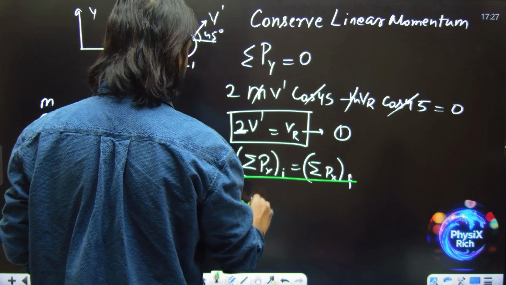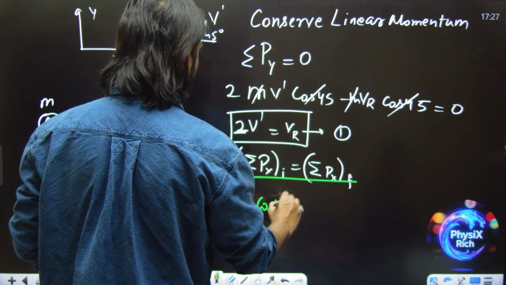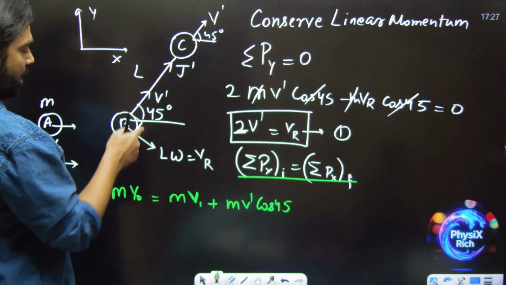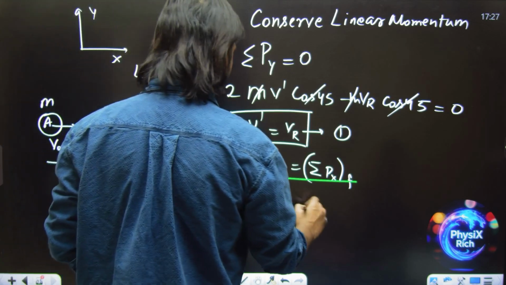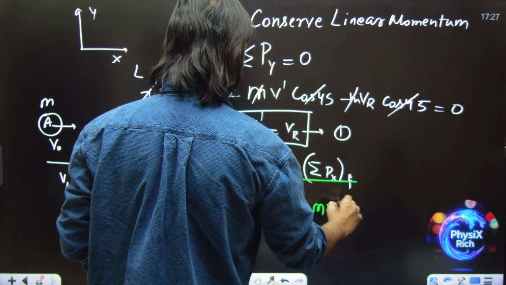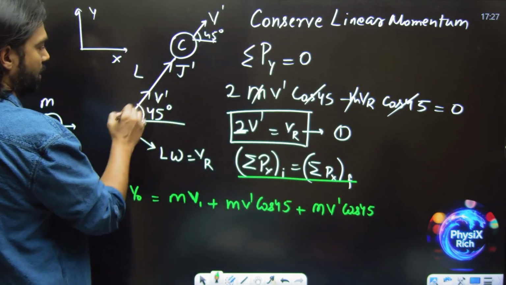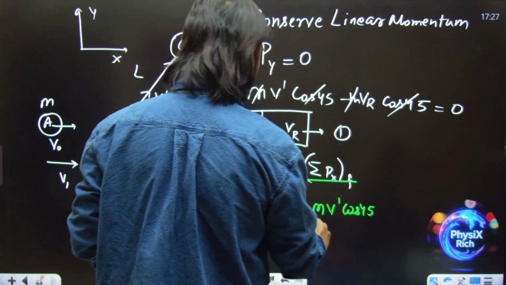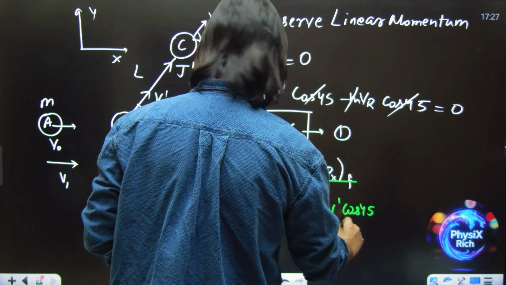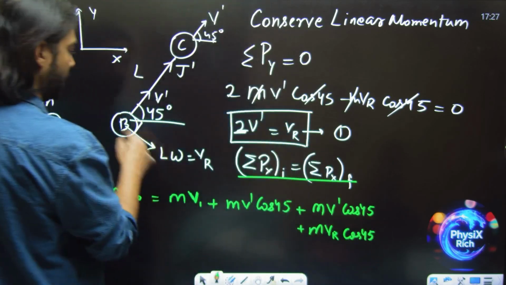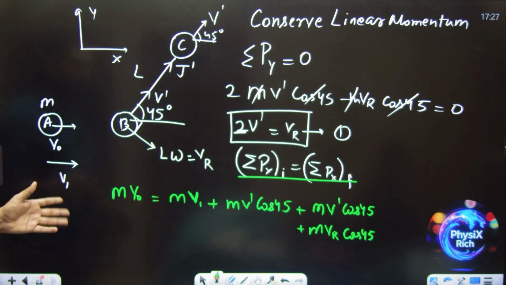m v dash cos 45. Again, we can use cos, sine, whatever, it doesn't matter, it's 45 degrees. And what about this guy? This guy will have m v dash cos 45 because of this velocity, and also m vr cos 45 because of this velocity. So let's consolidate this whole thing.